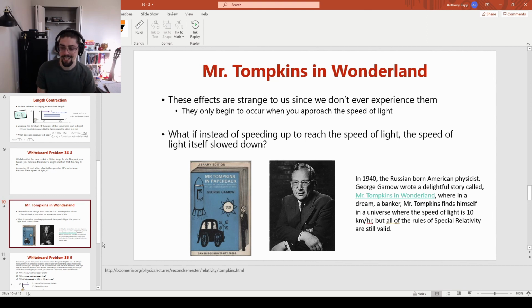The entire book is written in such a way to give you an idea of what the universe would look like if we were to start moving at these relativistic speeds. If you bring the speed of light down to something much slower that we can understand and appreciate in our day-to-day life, then you can start to imagine how these effects might be morphing your world.